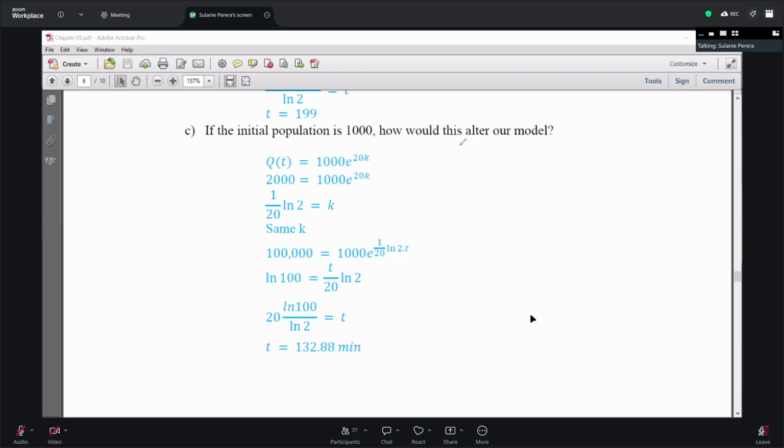So you start with the same k. So 100,000 equals the initial population 1,000 e to the 0.00345 or whatever into t.